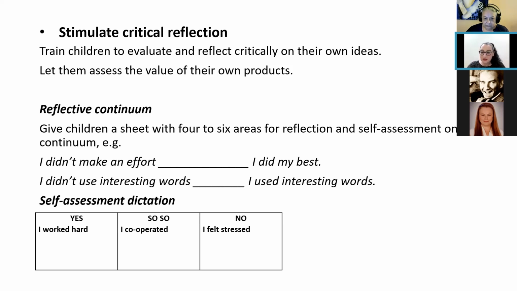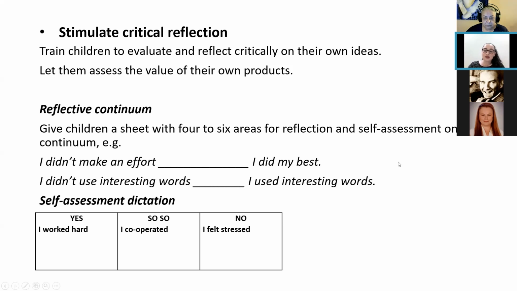So these are also some ideas to teach your students how to critically reflect themselves. One of them is the reflective continuum. Give children a sheet with 4 to 6 areas for reflection and self-assessment on a continuum, like, I didn't make an effort, I did my best.